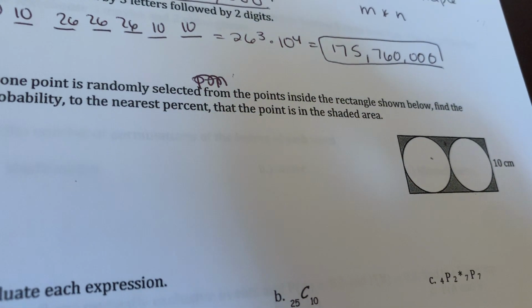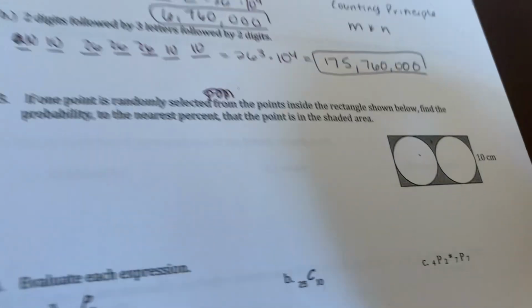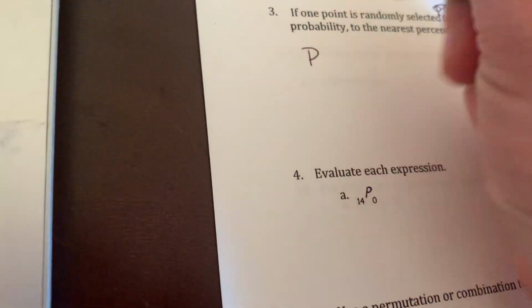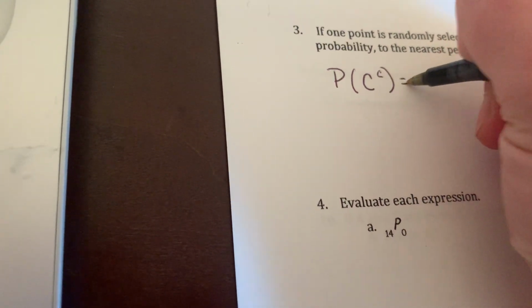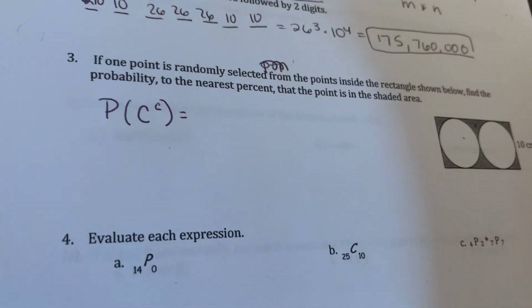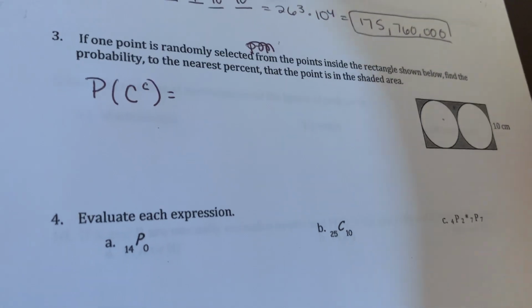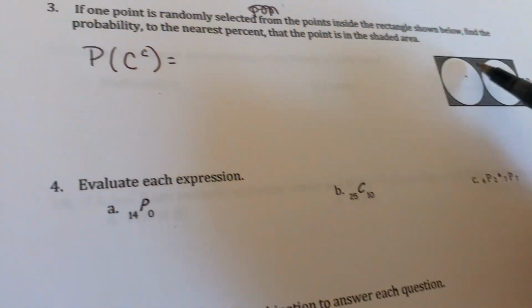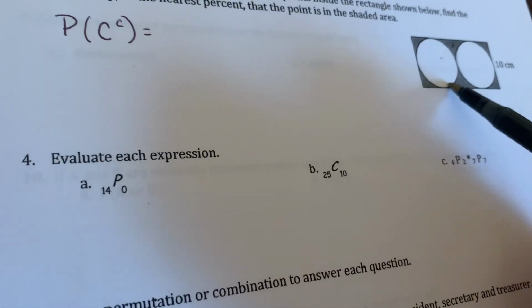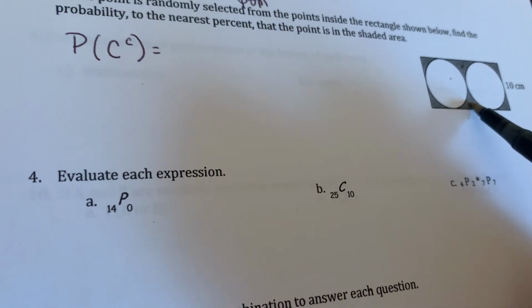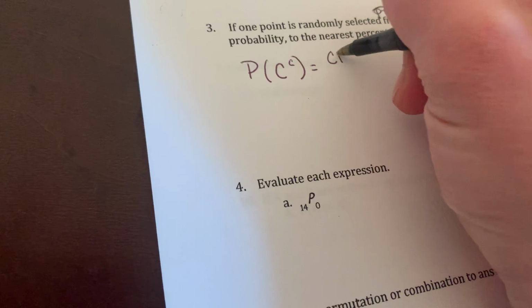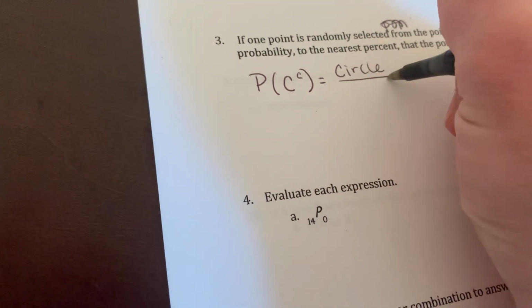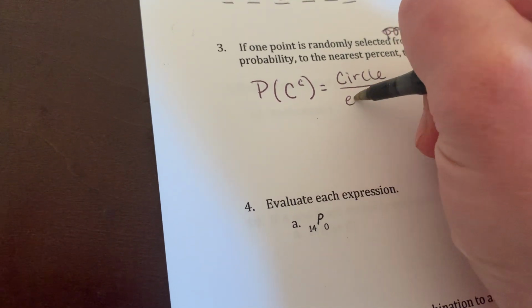So what you'd have to do is find the probability of the not circle. Okay, it's the complement. So it'd be easier to find the circle than the shaded area because this is not a good shape to find. Circles are easier. So how do you find a circle out of the total area?